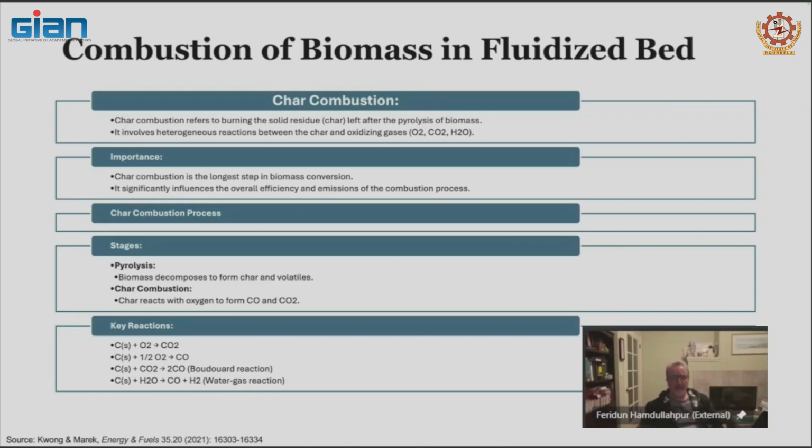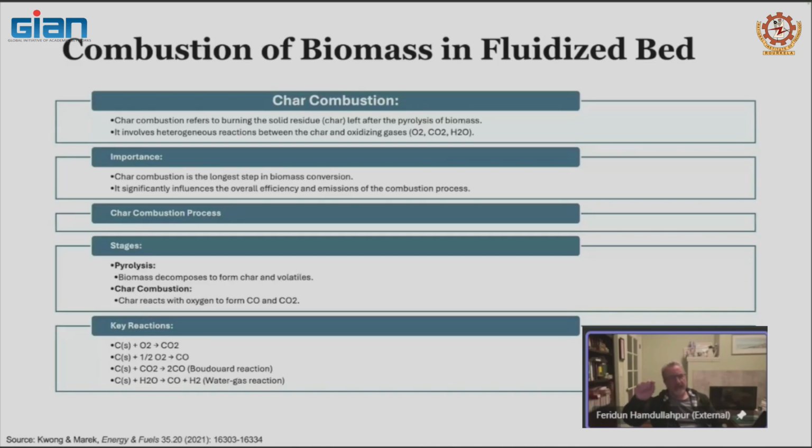Okay. To achieve maximum combustion efficiency, you have to pay attention to what we call the three T's: time, temperature, and turbulence. The higher they are, the higher the efficiency.